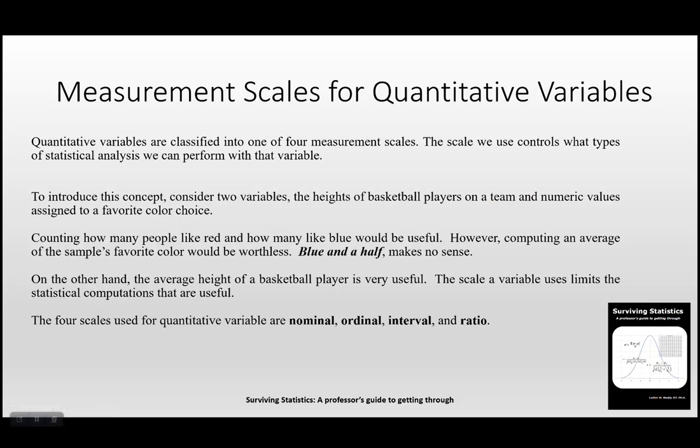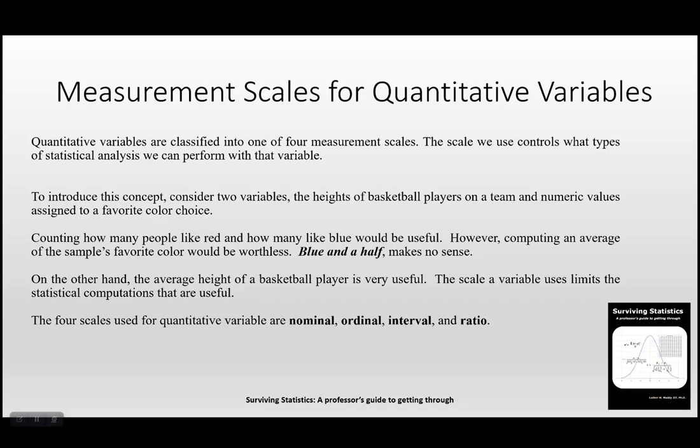Well, we also have to get this a little bit more confusing as we're talking about all of our definitions here in the beginning. But we also have different measurement scales that we'll use for quantitative variables. So first off, we have the category of discrete and continuous that we just talked about. Now we're going to be talking about 4 different categories or measurement scales that we put these in. So let's talk about 2 variables: the heights of basketball players and a favorite color.